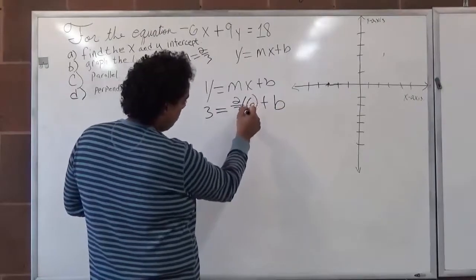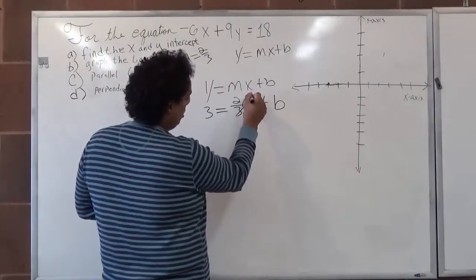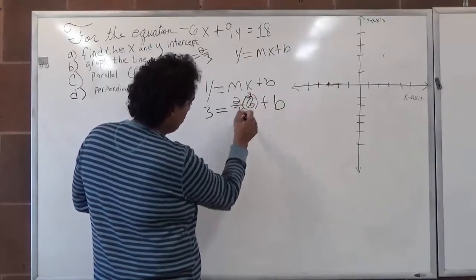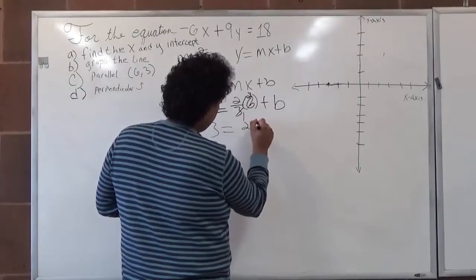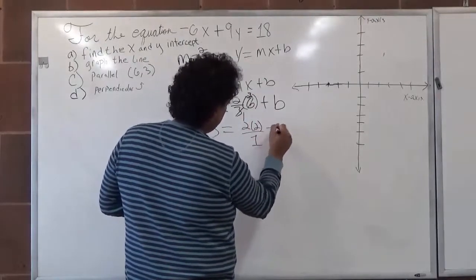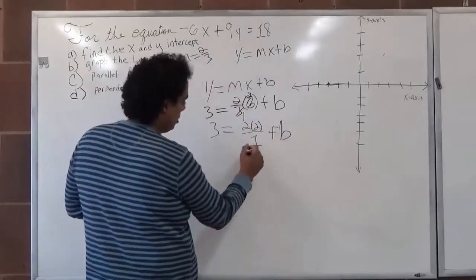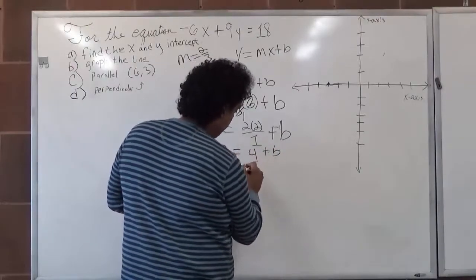Now we can multiply, but we have a common factor of 3, so this is 1, and this is 2. And 2 times 2 is 4. So 3 is equal to 4 plus b.